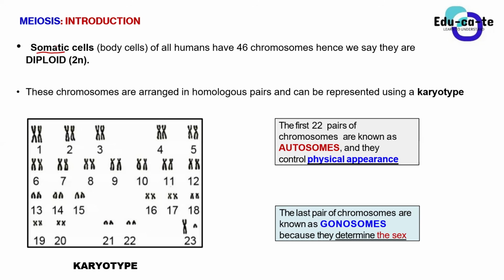So these cells have 46 chromosomes in them. The total number of chromosomes found in each and every body cell is 46. So whenever they ask you what is the number of chromosomes that the body cells of a human being have, it is 46 chromosomes.